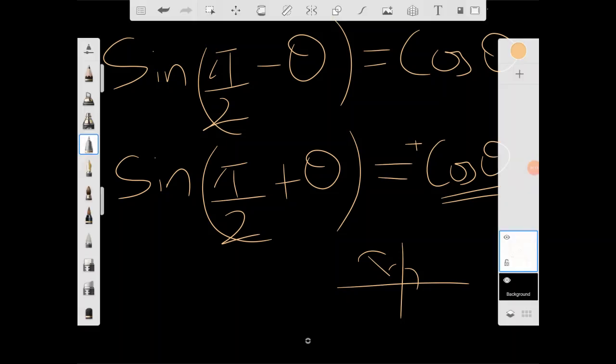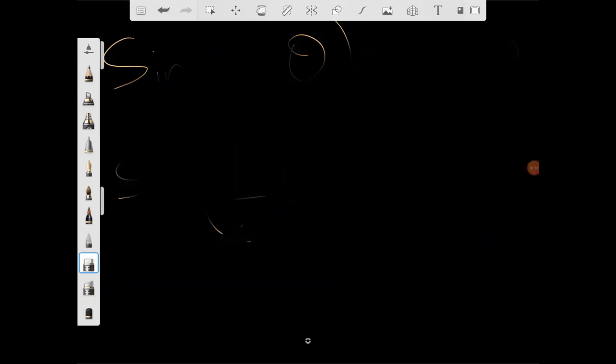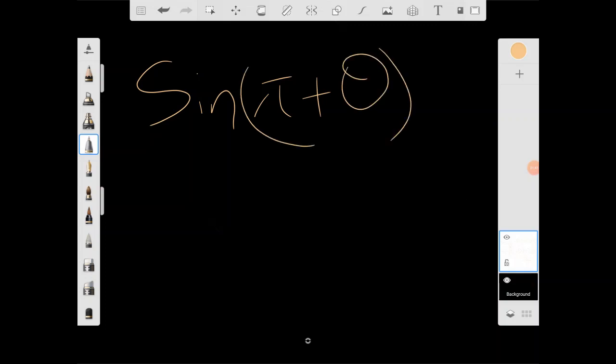What about the third quadrant? I'll show that to you in a larger picture. What would happen if it was sine of pi plus theta? Here I will tell you a small tip.